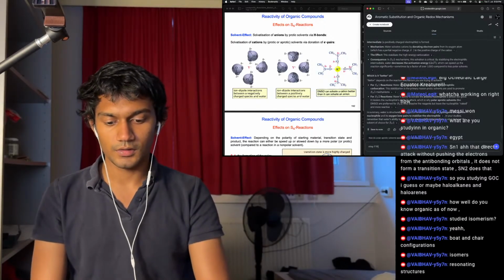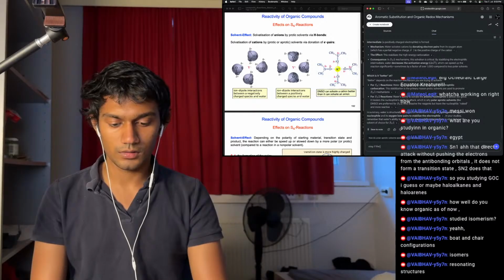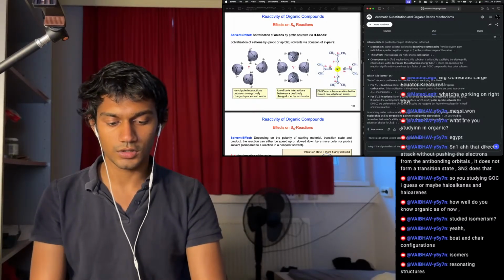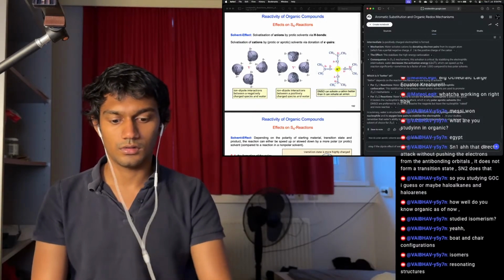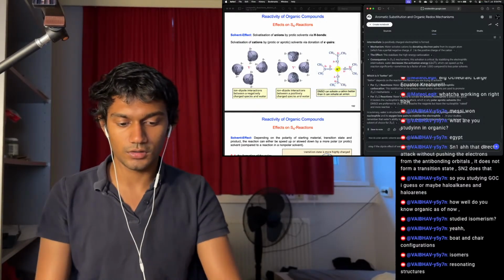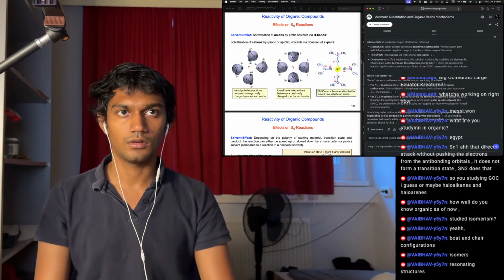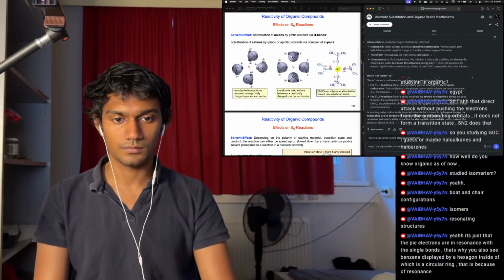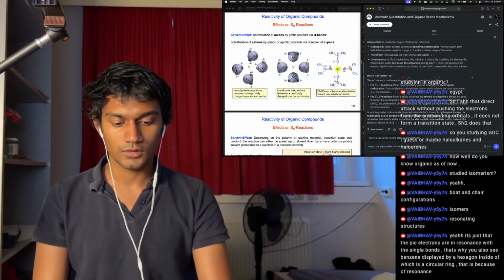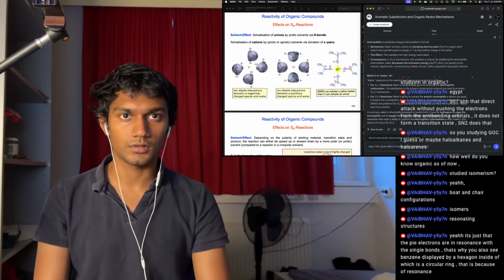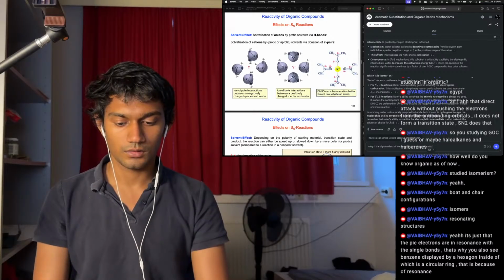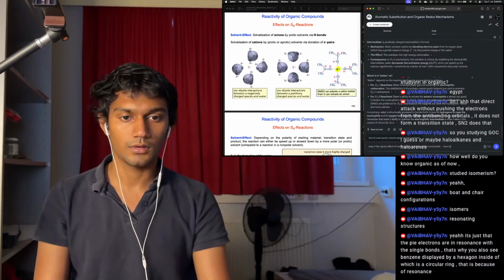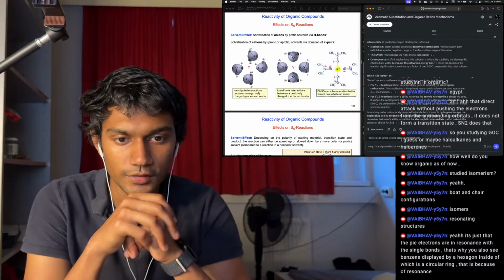If the dipole effect of water results in solvating of the... It's just that the pi electrons are in resonance with the single bonds.